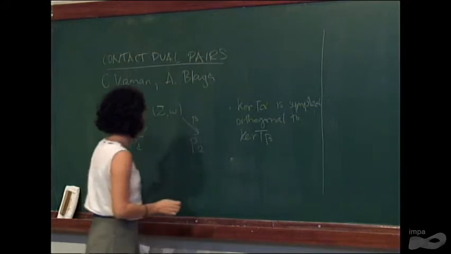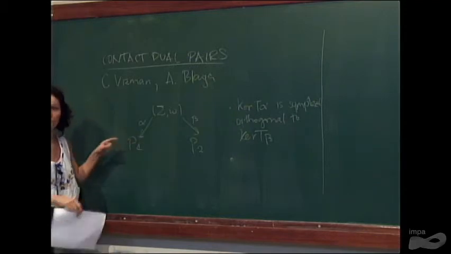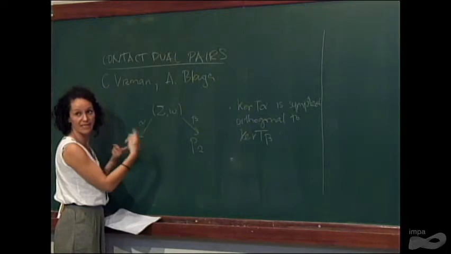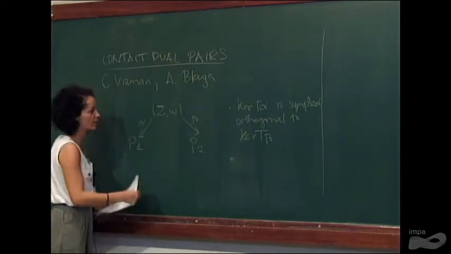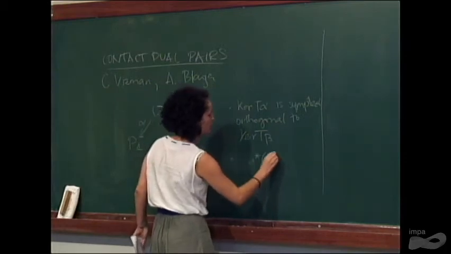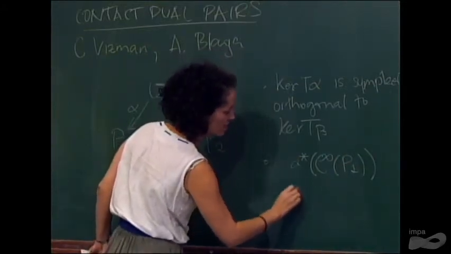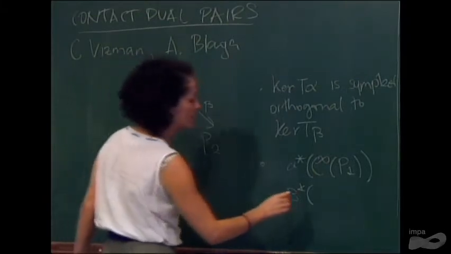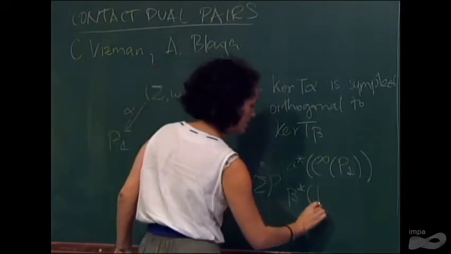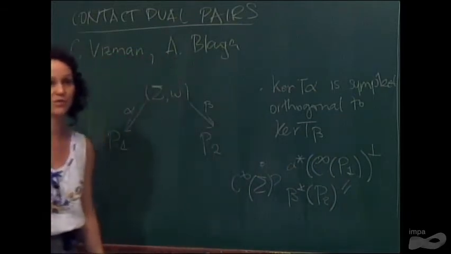The other condition is that if you look at the pullbacks of functions on P1 and P2, these two spaces live inside the functions on sigma, and what I'm saying is that they centralize each other.